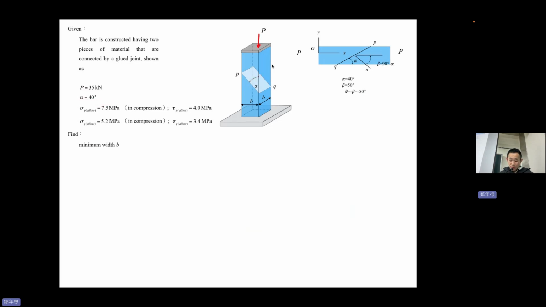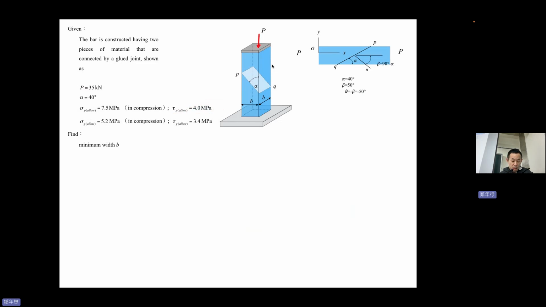Sigma P allow means the pillar pieces, the material, has 77.58 megapascal sigma in compression, and tau allow is 4.0.